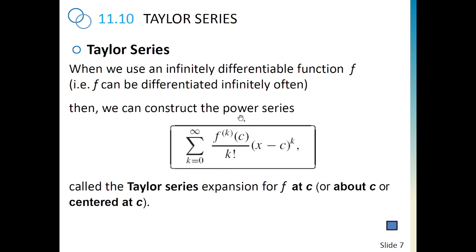And in the numerator we have the k-th derivative evaluated at the center of the series. So upstairs we will have a number, downstairs we have a number. So this is a coefficient in front of x minus c to power k. So this is a special formula that produces a Taylor series given a function f and the center of the series.